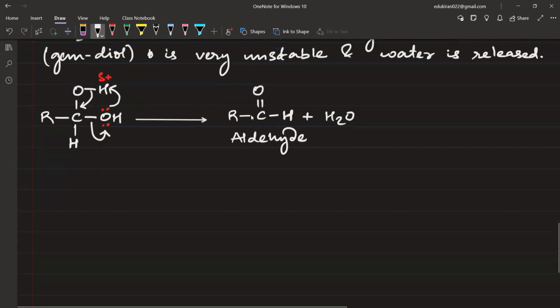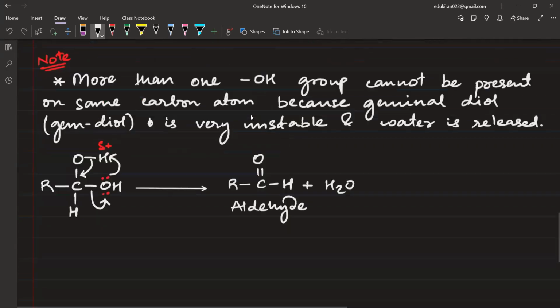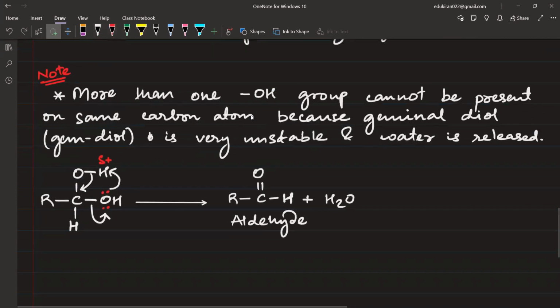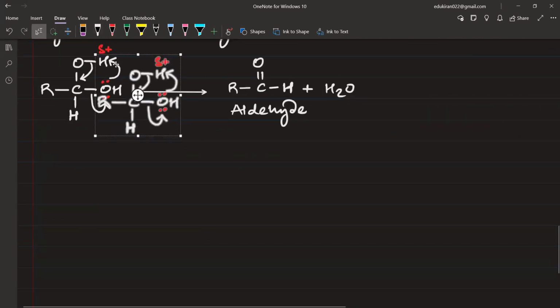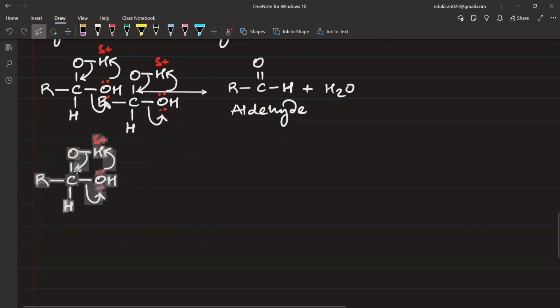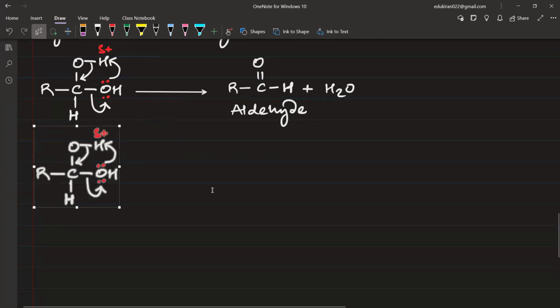Similarly, sir, you're saying that this is not possible as we get aldehyde and water. I mean, water is released. We can have different cases also. Instead of hydrogen, we can have another alkyl group. See this next one. Instead of this hydrogen, we can have another alkyl group like this, correct?